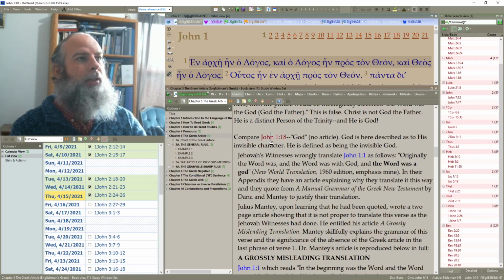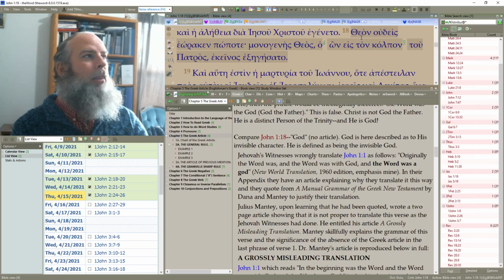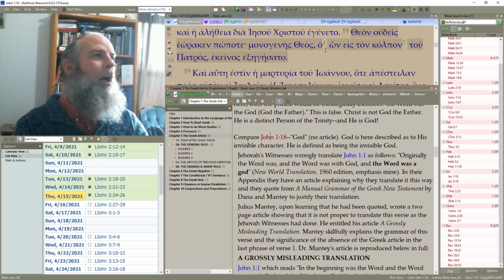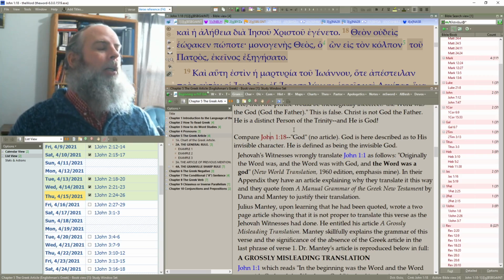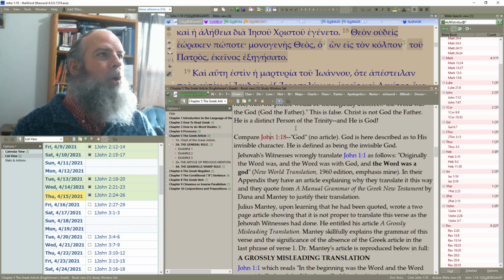Let's go to John 1:18. And it says, theon oudeis heoraken popote, monogenes theos ho on eis ton kolpon tou patros ekeinos exegesato. God is here described as to his invisible character. He is defined as being the invisible God.